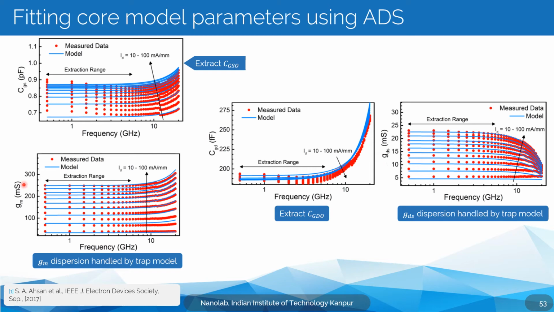So what we do is take this low frequency region and tune parameters like CGDO and CGSO. CGSO is the overlap capacitance parameter for gate source, CGDO is the overlap parameter for gate drain, and you simply tune these parameters so you have a good fit in this region.